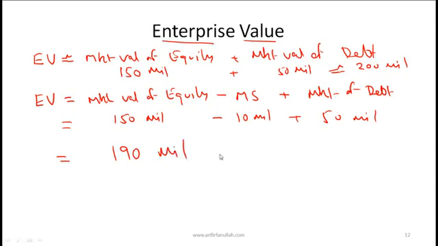So in simplistic terms, enterprise value represents the value of this enterprise, and clearly any investments that the firm has made elsewhere are just subtracted from the market value of equity plus the market value of debt.